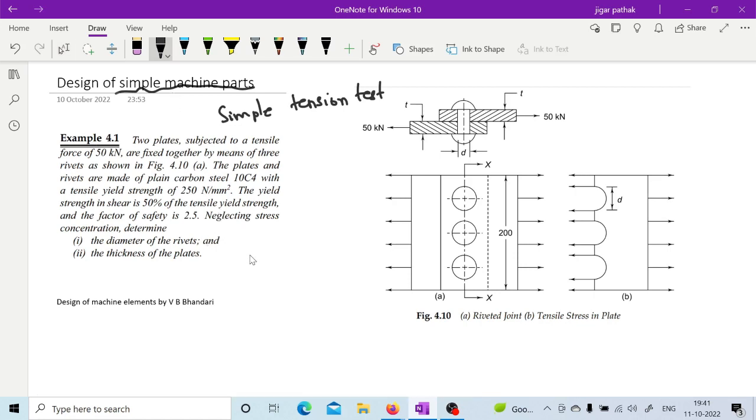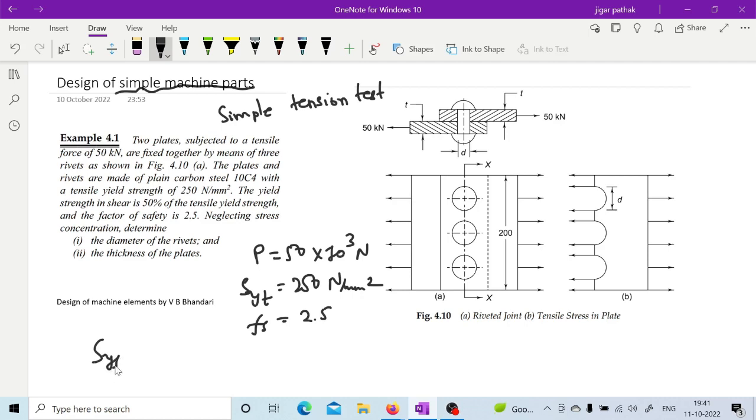So what is given to you is this force, which is 50 into 10 raised to 3 Newton, right? Then this yield strength is given as 250 Newton per mm square. Then factor of safety is given as 2.5, right? And one more thing is mentioned: yield strength in shear is 0.5 times yield strength in tension.